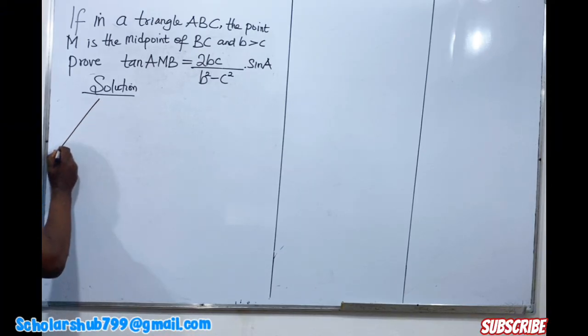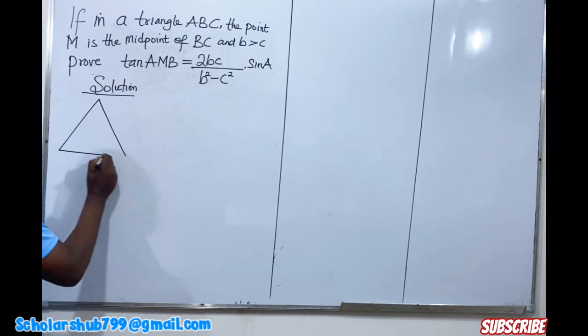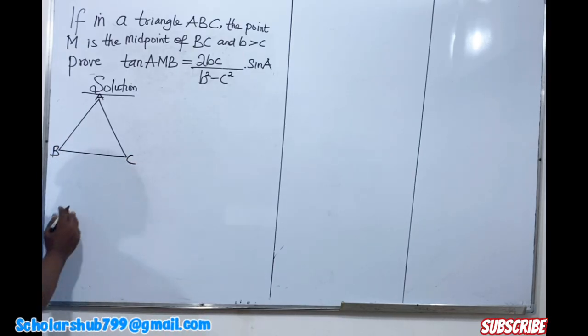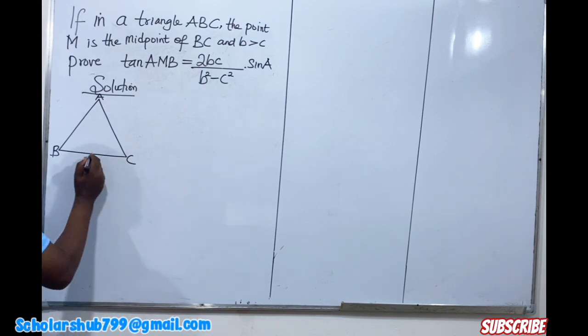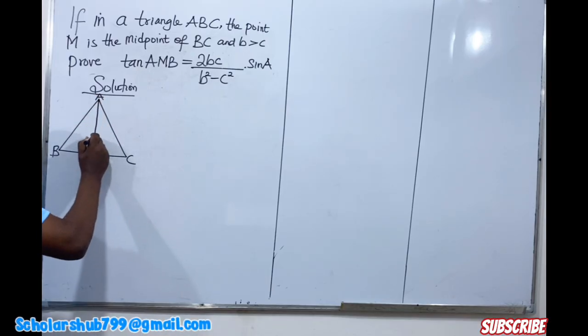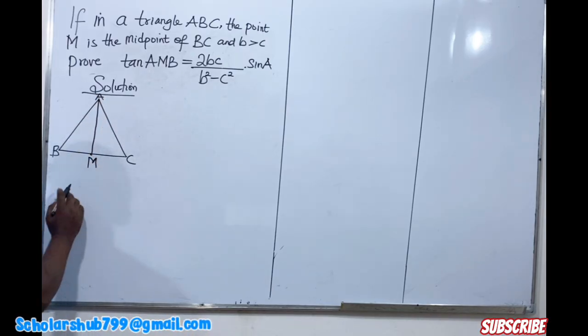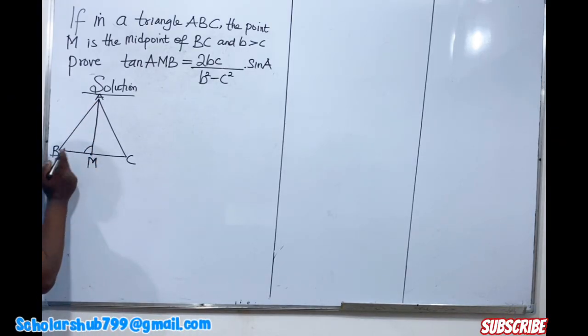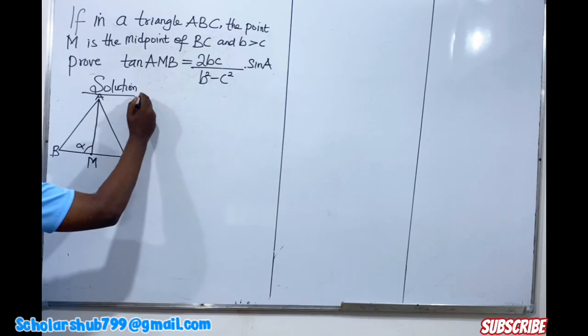So we have triangle ABC, the point M is the midpoint of BC. So the midpoint of BC is M. I'm going to drop a line from A to M, so that the angle between AM and BC, let me represent that with alpha.